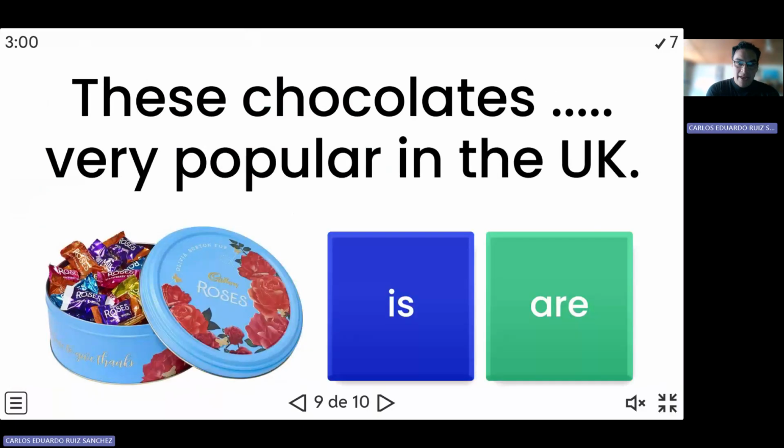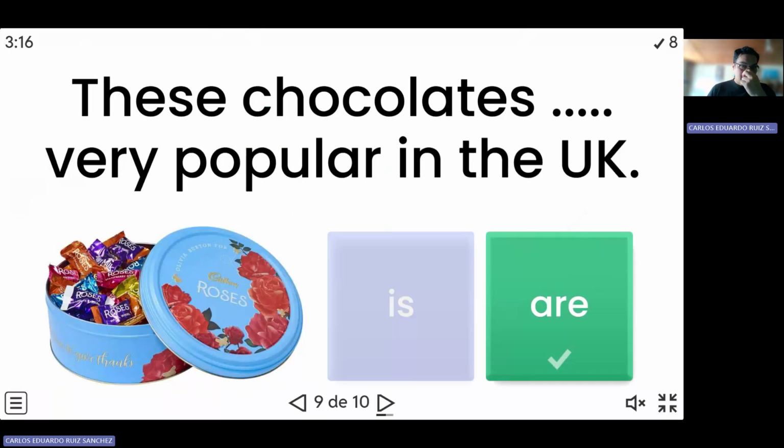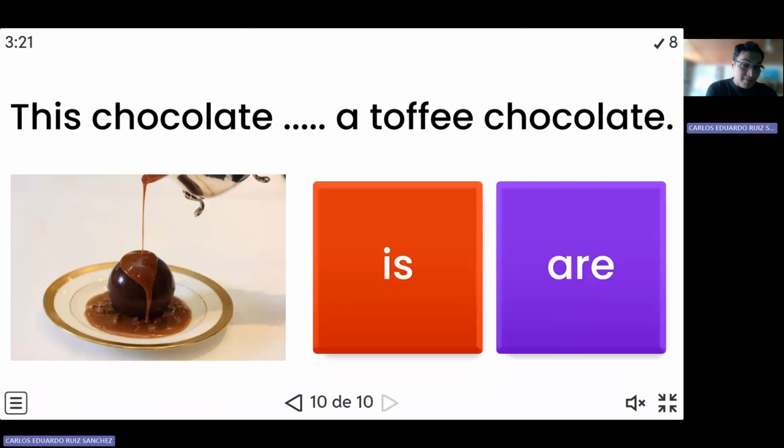Next one. These chocolates very popular in the United Kingdom. Yes, in this case, it's an easy statement because we got the S, chocolates, plural, 1, 2, 3, 4, 5. Next one. This is a challenge for me too.